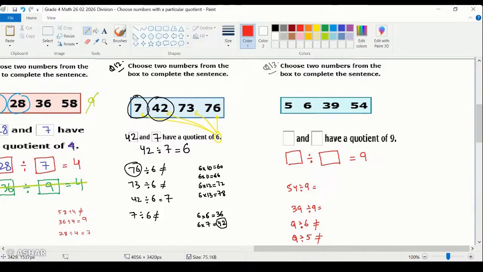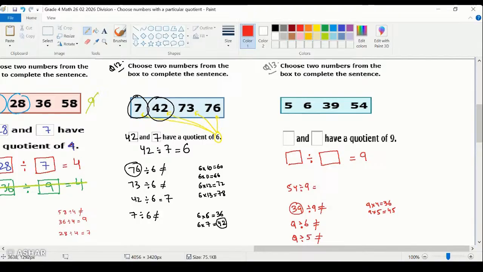Thank you, everyone. So we know that either these two options, 39 or 54. 9 times 4 was 36, and 9 times 5 was 45. So we cannot say 39 is there, right?